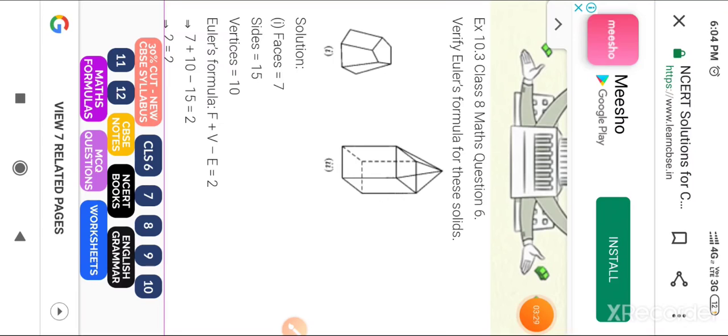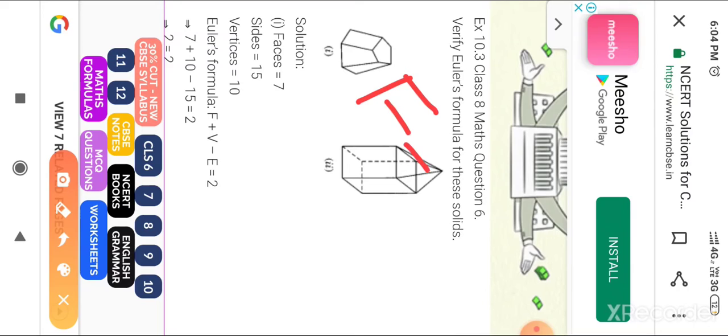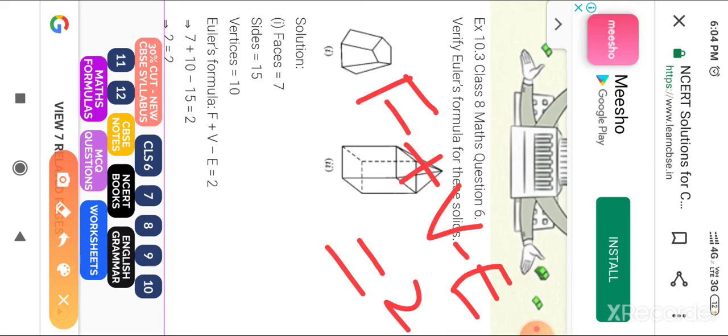Next question is, verify Euler's formula for the solid. And first we have to know about Euler's formula. So according to Euler's formula, the sum of the faces and vertices, minus the edges, is equal to 2.